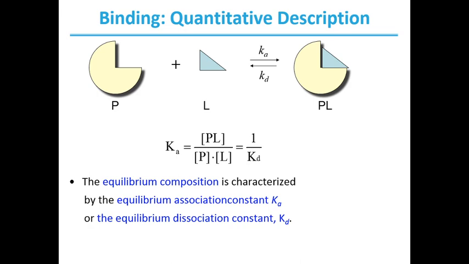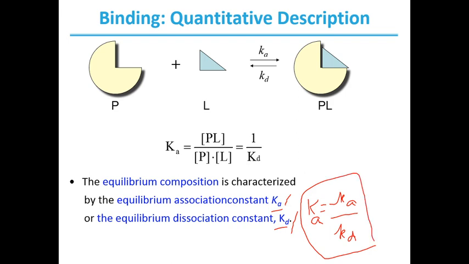So you have to understand the difference between large Ka, large Kd, and small ka and small kd. Large Ka is equal to ratio of small ka over small kd, and this is a useful relationship that you have to remember.